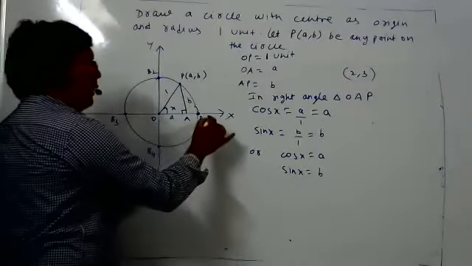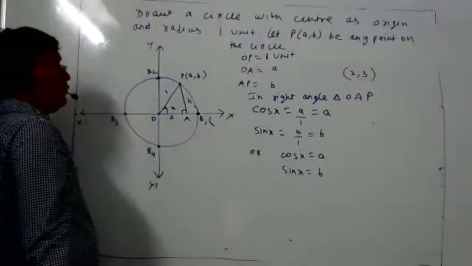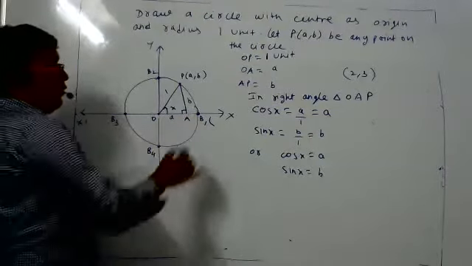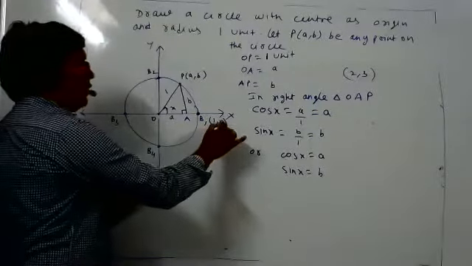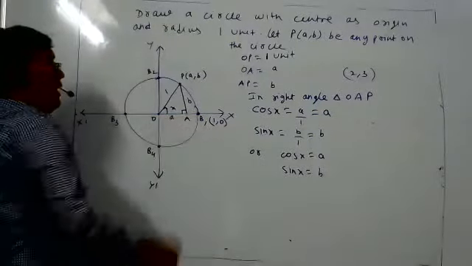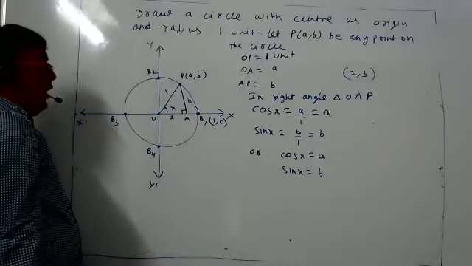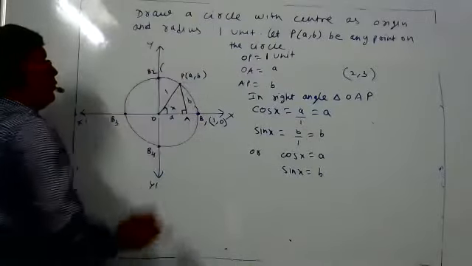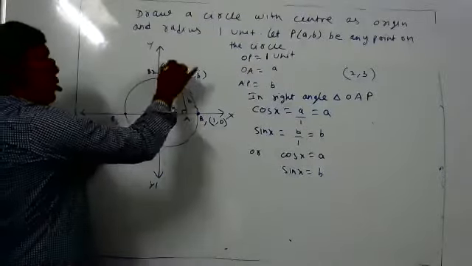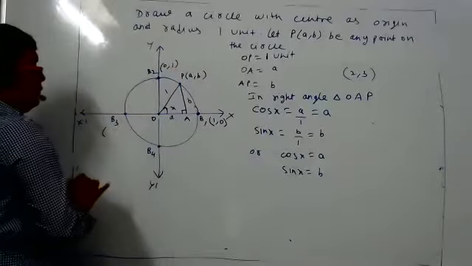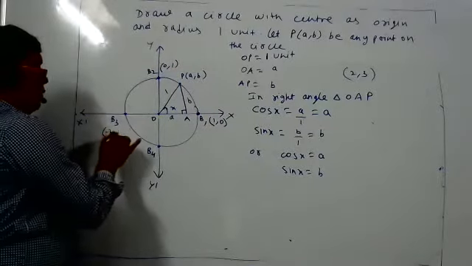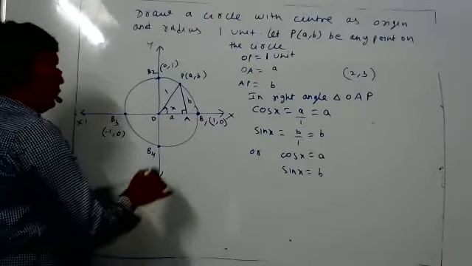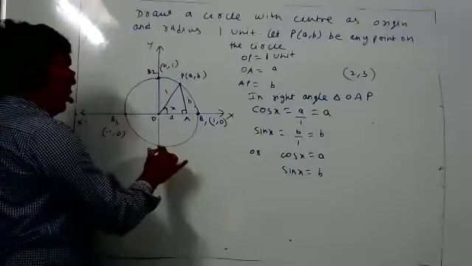What is the coordinate of B1? (1, 0), because OA radius is 1 and it lies on the x-axis, so y coordinate will be 0. What is the coordinate of B2? (0, 1). B3? (-1, 0), negative x-axis. B4? (0, -1).